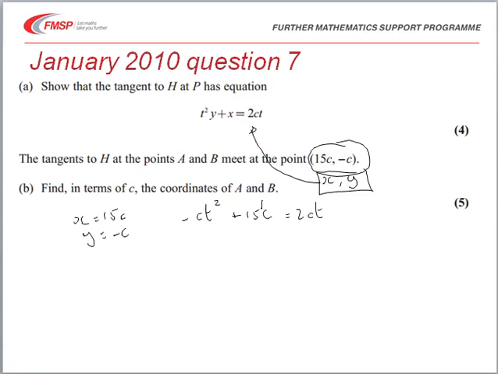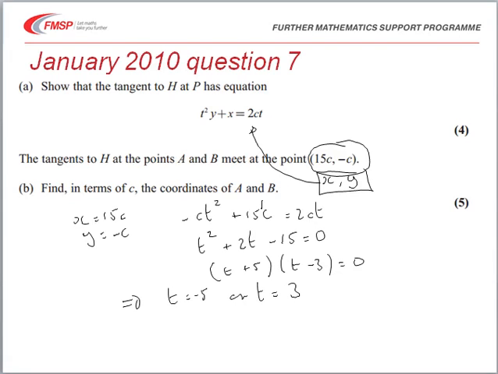We can cancel through by c and then rearrange it to give a quadratic t squared plus 2t minus 15 is equal to 0. And that factorizes: t plus 5 and t minus 3 is equal to 0. Or in other words, t is equal to negative 5 or t is equal to 3.